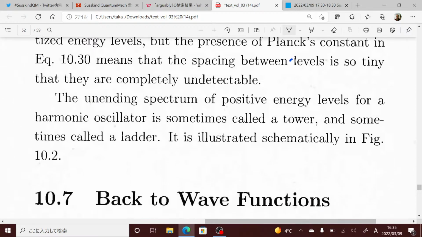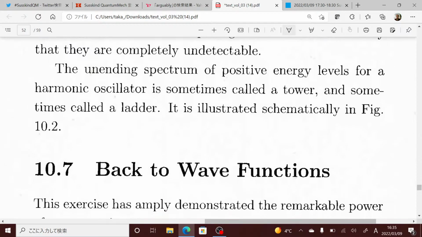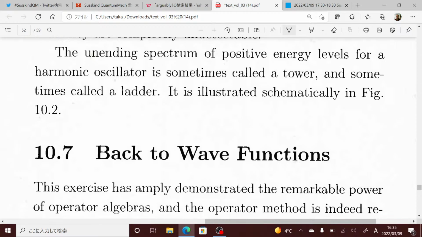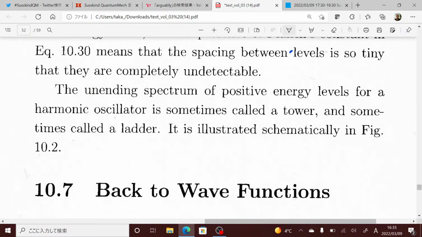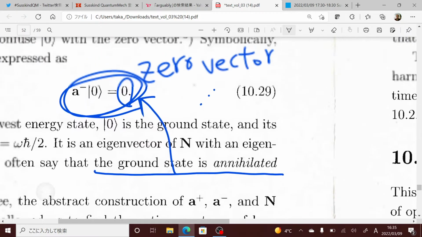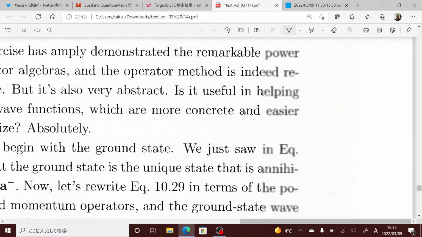The unending spectrum of positive energy levels for a harmonic oscillator is sometimes called a tower and sometimes called a ladder. It is illustrated schematically in figure 10.2. Where is it? No, next page.